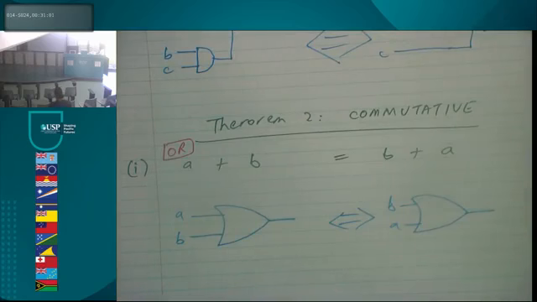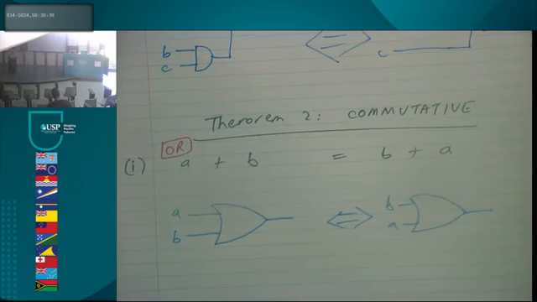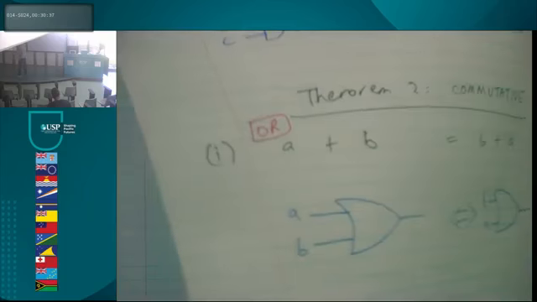We're not doing Boolean algebra just for the sake of writing on paper. It has to reflect something in hardware, and what it means is flipping the inputs. In mathematics, x plus y, x times y is the same as y times x. But in digital logic design, it means you take a gate, you flip the inputs, and it gives the same output.